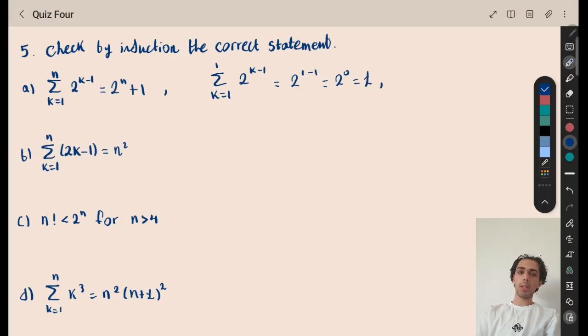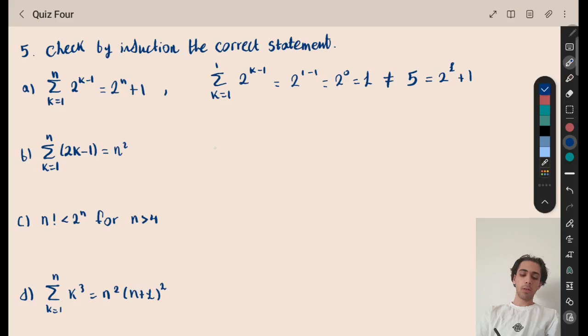But on the right-hand side, we have 2 to the n plus 1, and n in this case is 1. So it's 2 to the 1 plus 1, which is 5. And 1 is not equal to 5. So this fails on the very basic level.